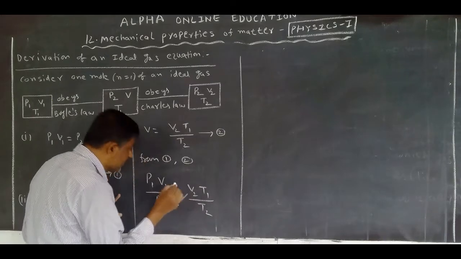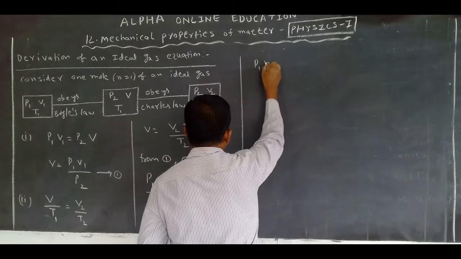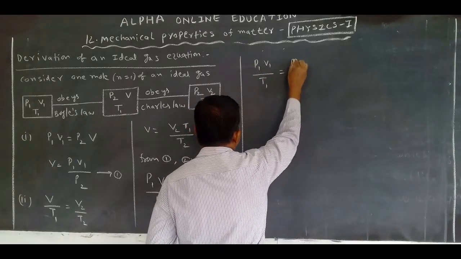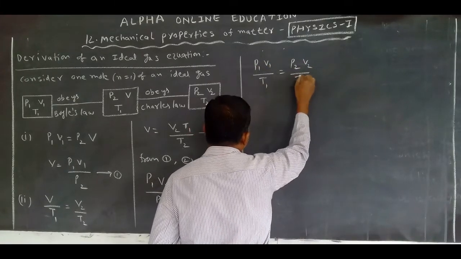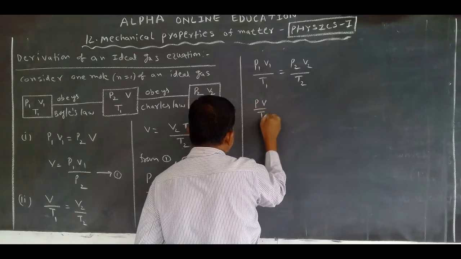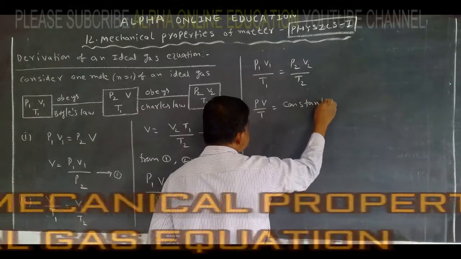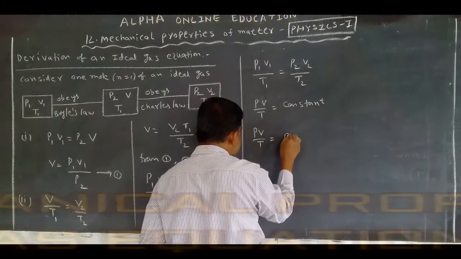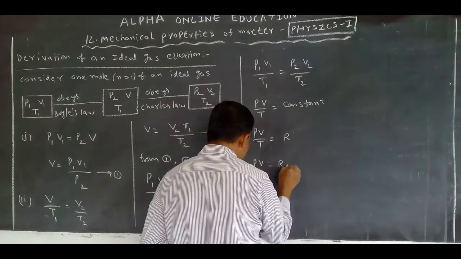So what we can get is P1 V1 by T1 is equal to P2 V2 by T2. How we can write this? PV by T is equal to constant. Here the constant is capital R. So PV is equal to RT.